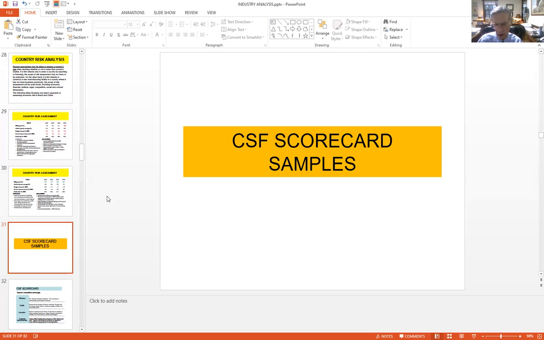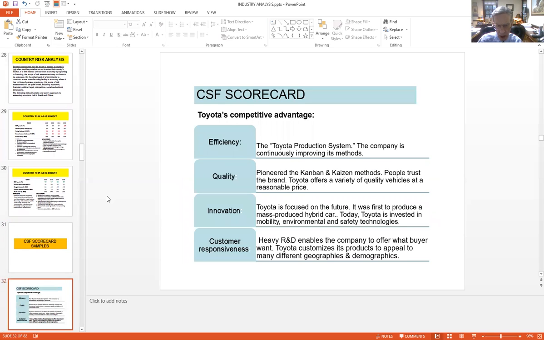Okay, critical success factor scorecard. Remember we talked about critical success factors earlier? It's very important to know in an industry what functional capabilities separate winners from losers. Do you remember my discussing that previously?